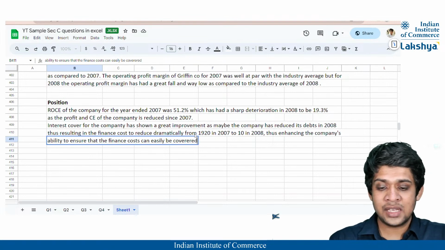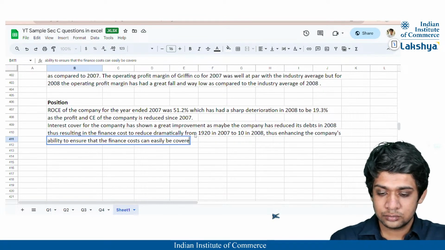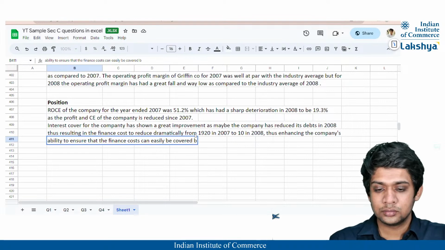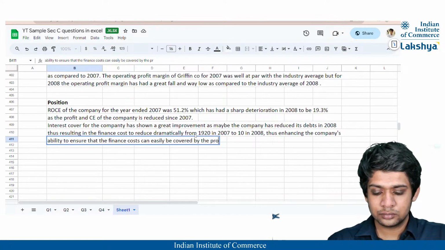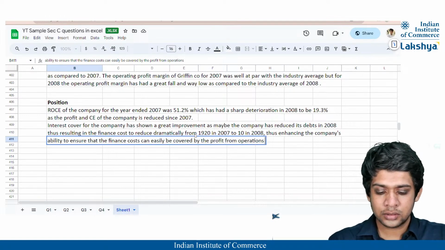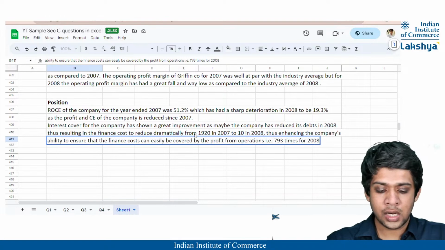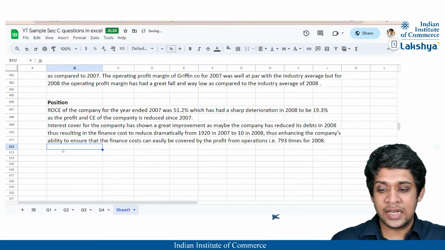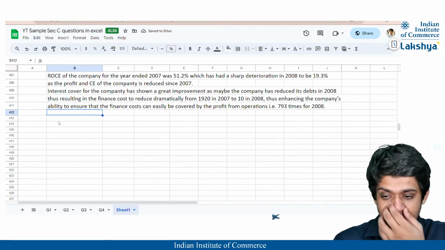The finance cost can be easily covered, right, guys? By the profit from operations, right? That is nothing but 793 times for 2008. I hope this is clear. Like this, you can mention regarding the position also.